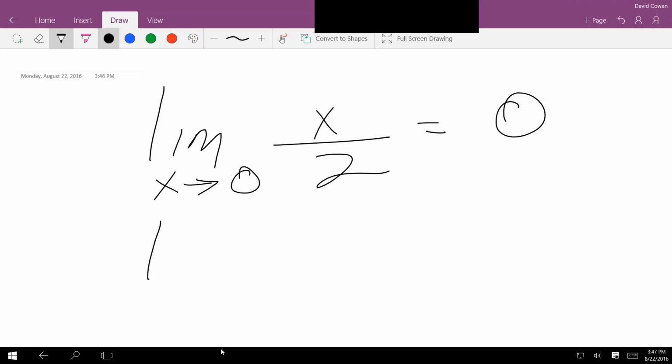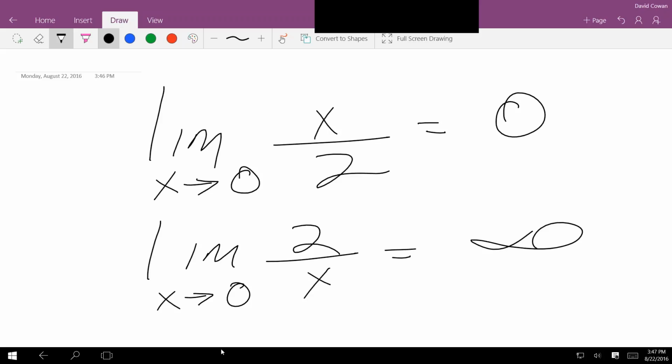The limit of 2 over x as x approaches 0 is infinity. Gigantic difference. And make sure you understand that.